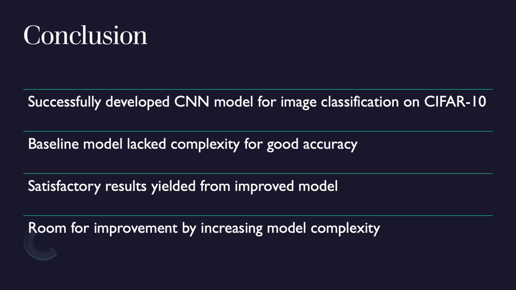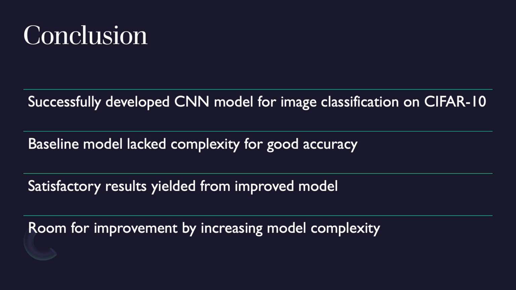Now, looking at all the key points, we have successfully developed the CNN model for image classification on CIFAR 10. The model lacked complexity for the good accuracy which we required as a part of this project, so we improved the model and got the accuracy that we wanted. But finally, there is still room for improvement by tweaking the step size and also by adding more complexity to the network itself.